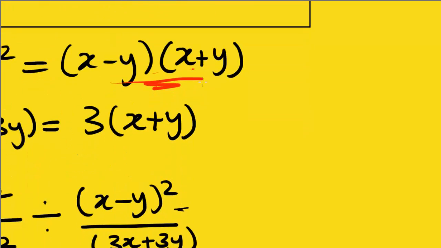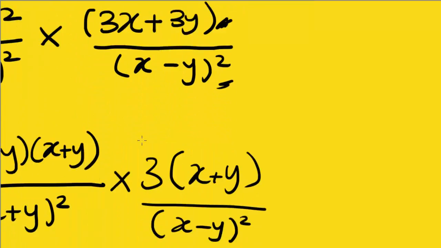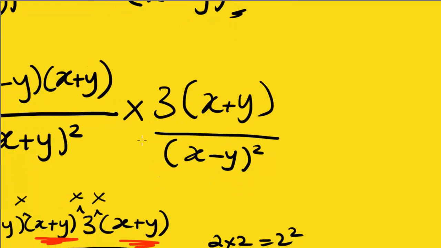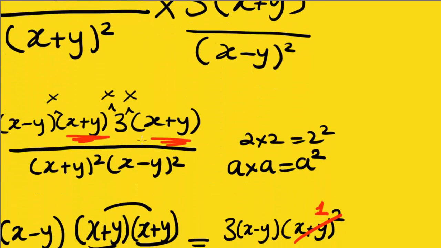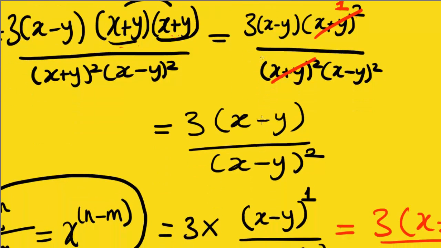By rewriting 3x plus 3y as 3 times x plus y, where did we actually carry out the cancellation? We were able to group the x plus y terms to give us x plus y squared, and able to cancel x plus y squared and x plus y squared here, which made the problem simpler, made it involve less terms.